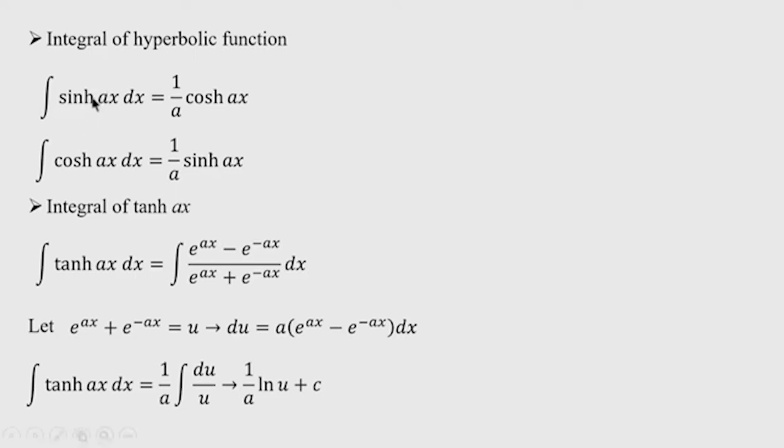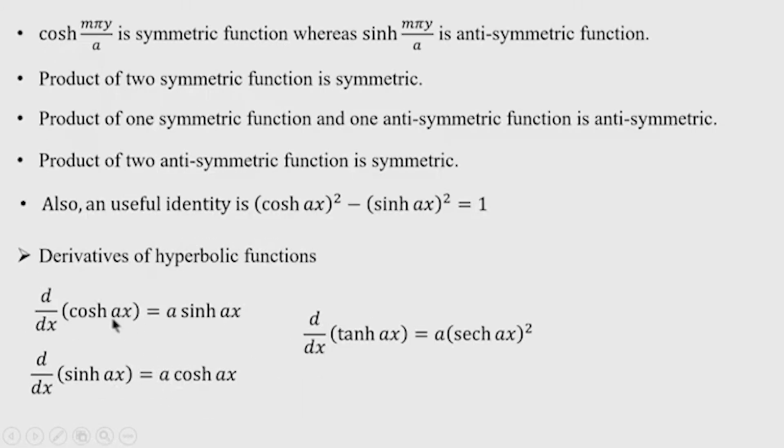The integration of sinh(ax) is cosh(ax) by a, and the integration of cosh(ax) is sinh(ax) by a. The integral of tanh(ax) is found out like that, because I first express tanh as the ratio of sinh(ax) to cosh(ax), then after the method of substitution I obtain the integral. Derivatives are also important. The derivative of cosh(ax) is a sinh(ax), the derivative of sinh(ax) is a cosh(ax), and the derivative of tanh(ax) is like that.